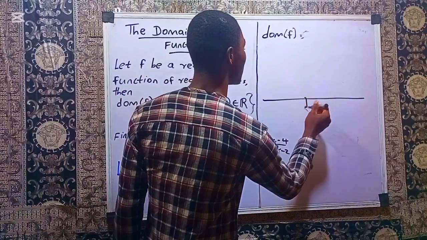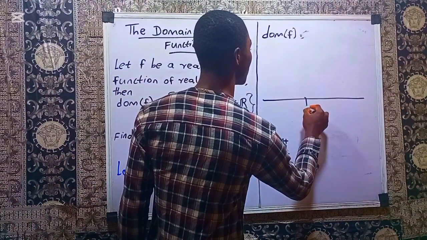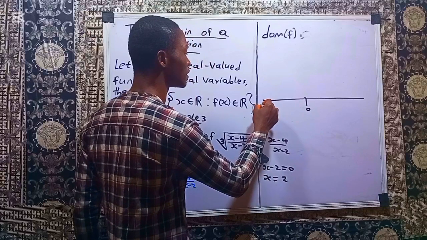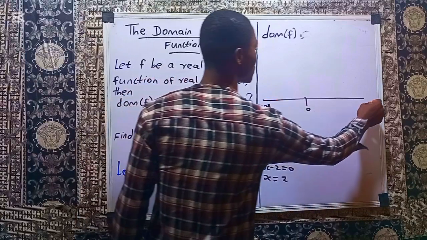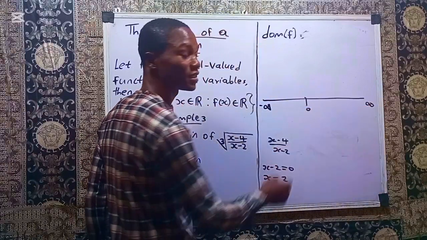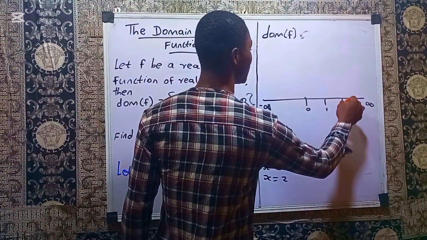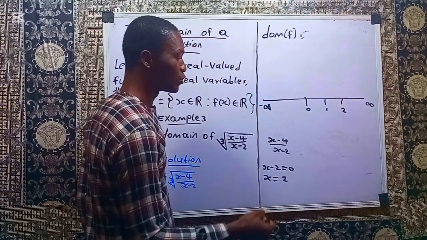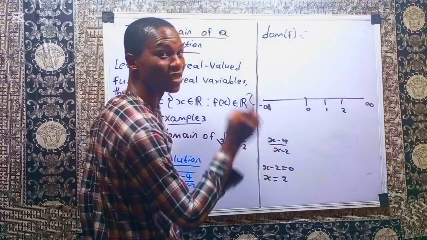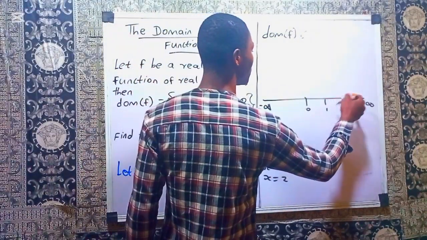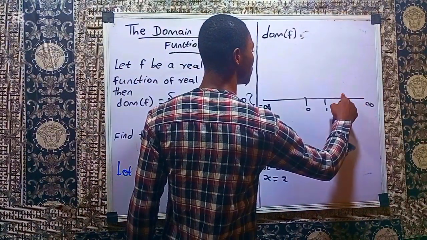So we remove it. Here is your real line, this is negative infinity, this is positive infinity, and the center point is 0. So we assume here is 1, and let me say here is 2, right? So we are removing 2. That is the only point we are removing. So come here and remove 2.